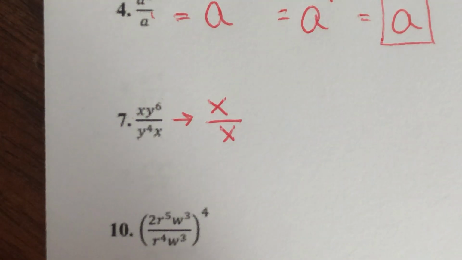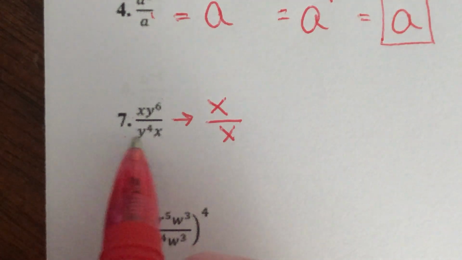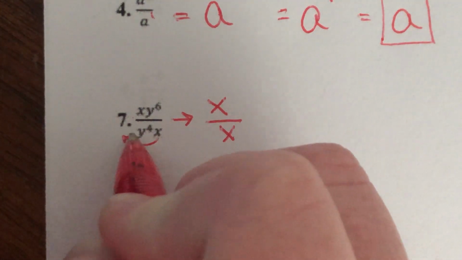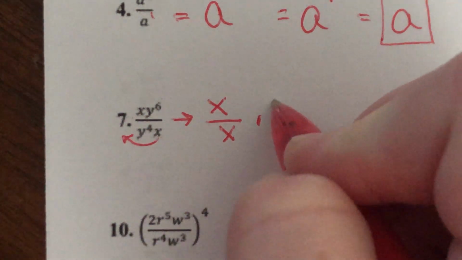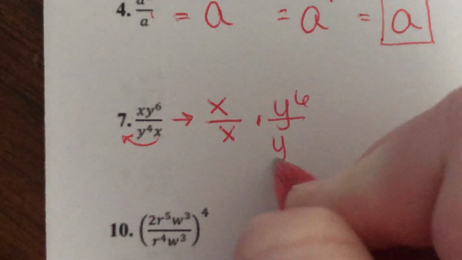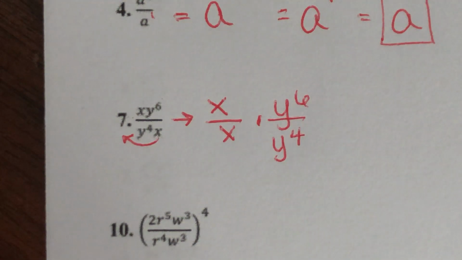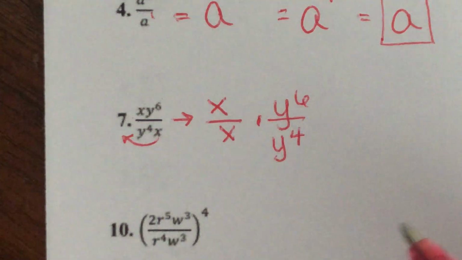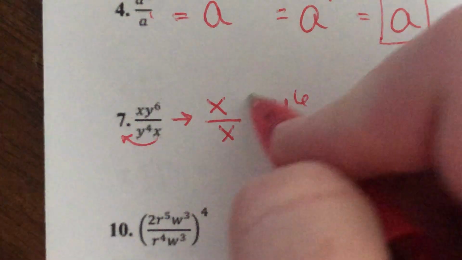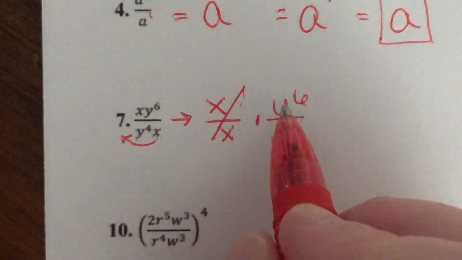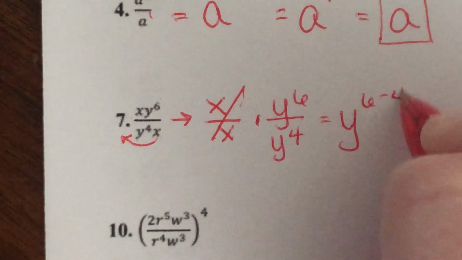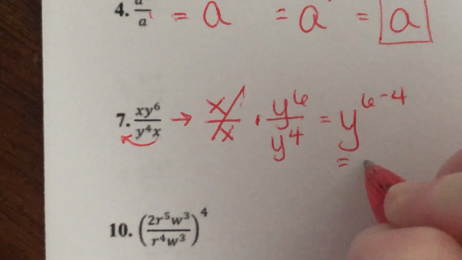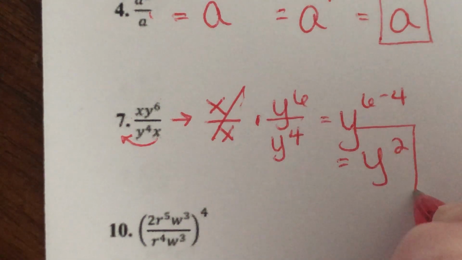So x times y to the 6th divided by x times y to the fourth. Right? And then I separate out the x's. So times y to the sixth over y to the fourth. Okay? X divided by x is just 1, so that goes away. And y to the sixth divided by y to the fourth, 6 minus 4 equals 2. So I get y squared. That's my answer.